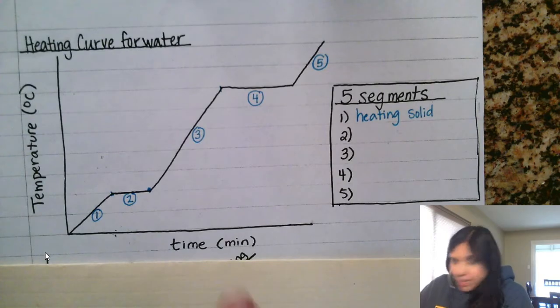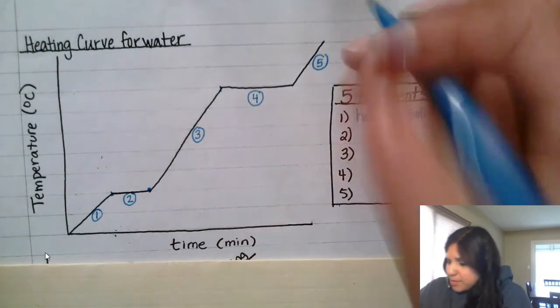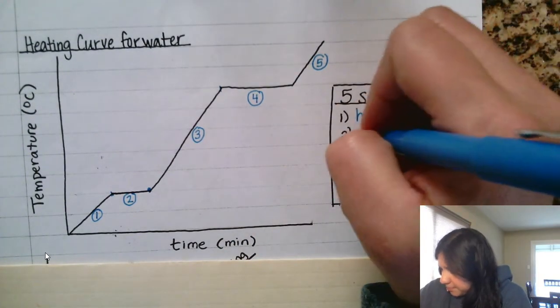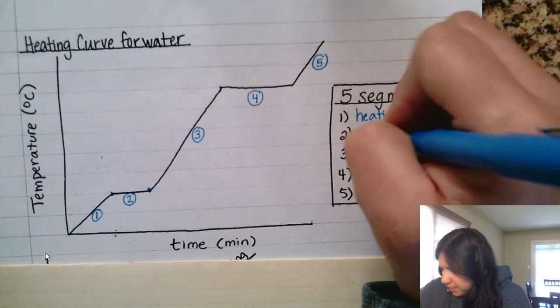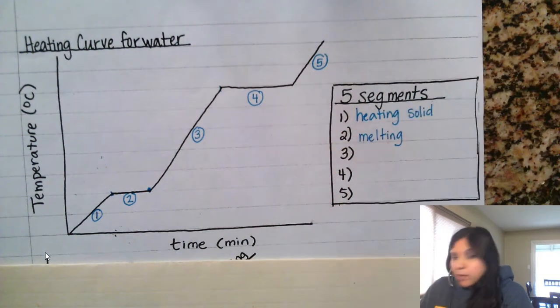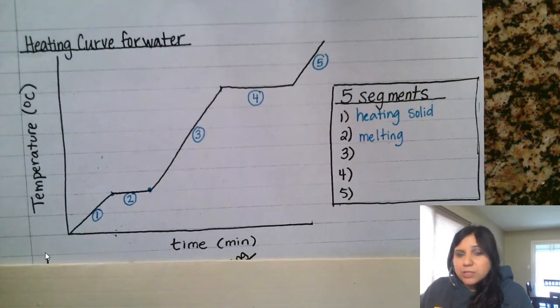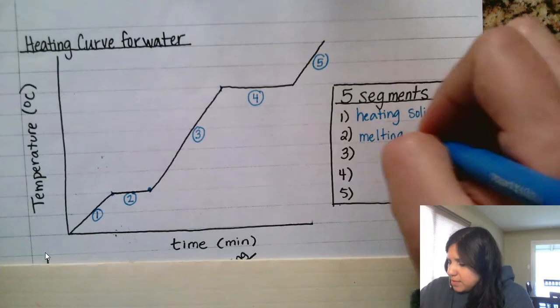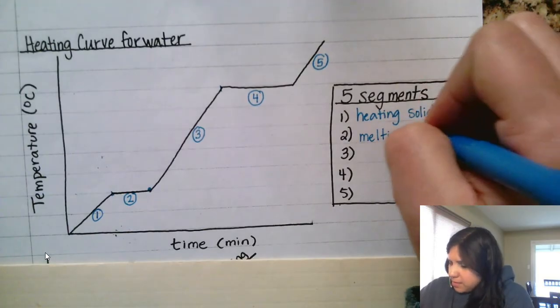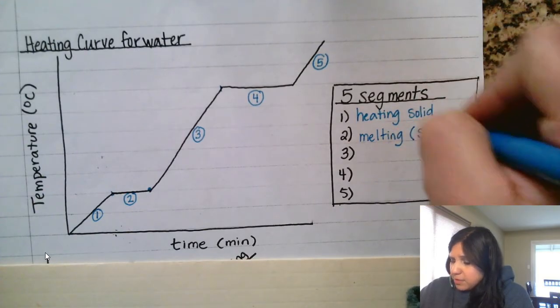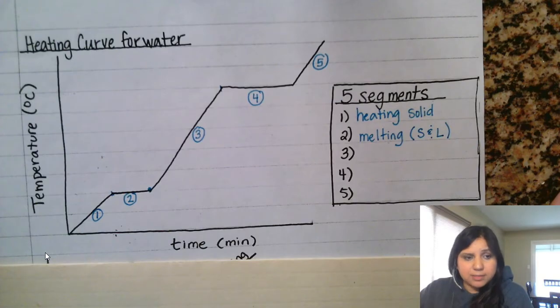Okay. And so, at step 2, we're now melting the solid. So we have melting occurring. And when you have melting occurring, not only do you have solid, but you also have liquid. So in this case, we're going to write S and L for solid and liquid present in the 2nd segment.